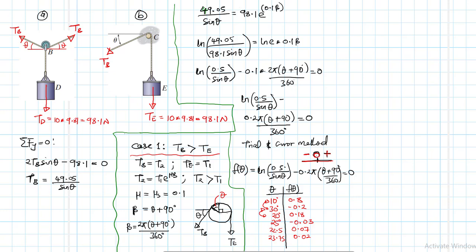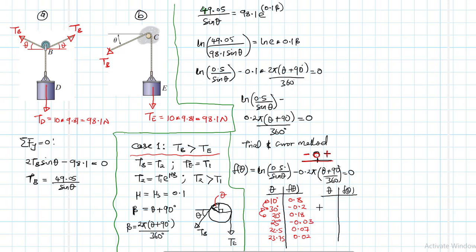Okay, I think I'll just do it here. I'll continue here. All right, there we go. So from 23.75, I have a 0.02.